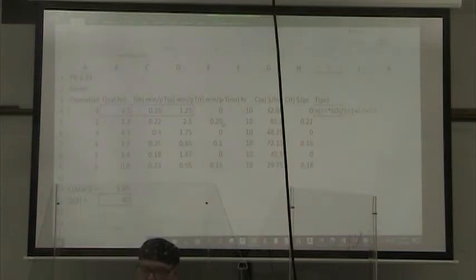Now I'm going to put parentheses around all of that and divide by 60 to get the hours per piece.